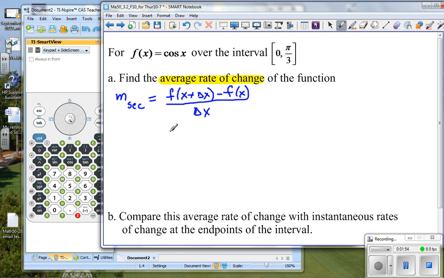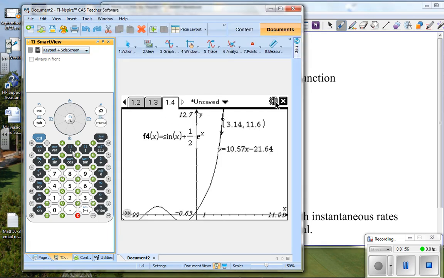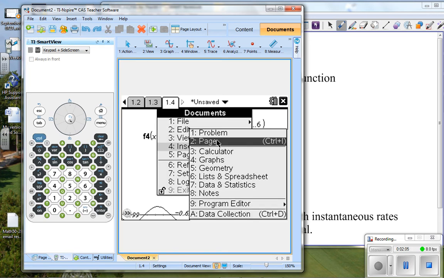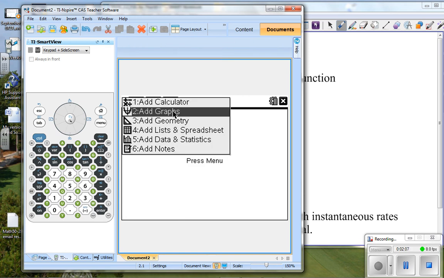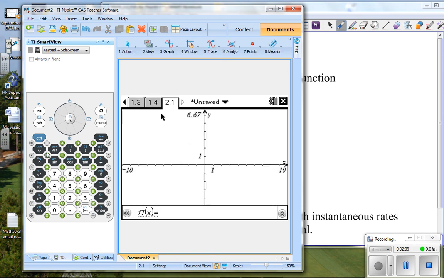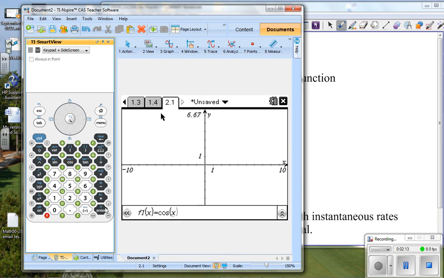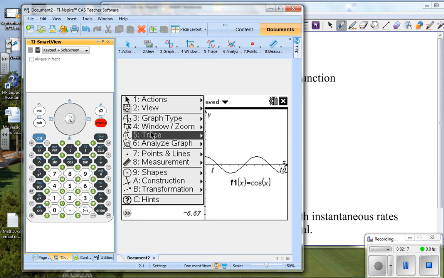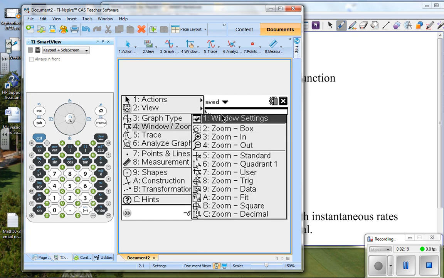So if we're going to look at this, let's just go to the Inspire. I'm going to insert a new problem, and so we can get to F1 again. And let's see, we're going to have cosine x as our function. I'm going to change the window setting a little bit.